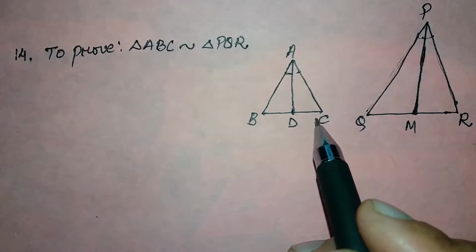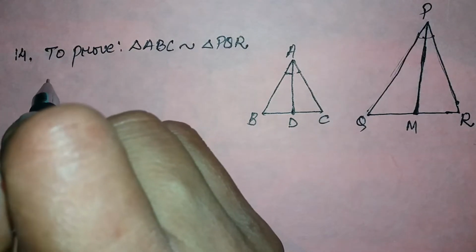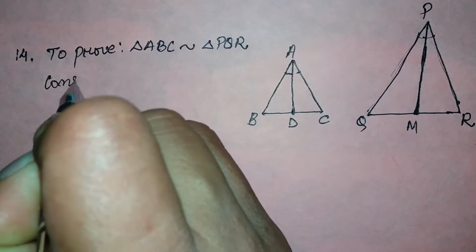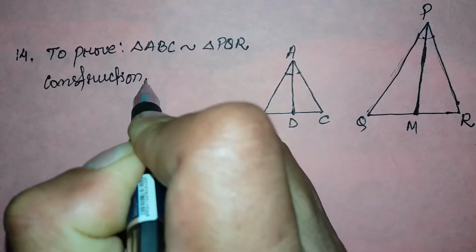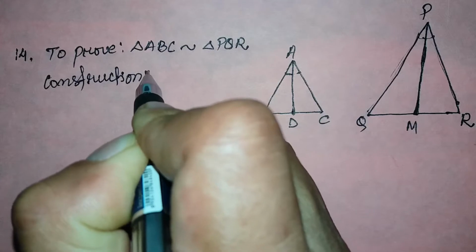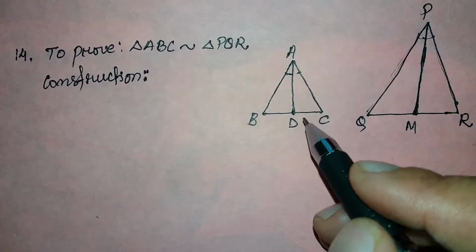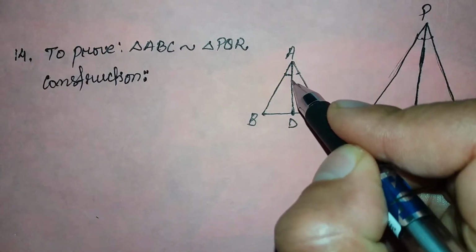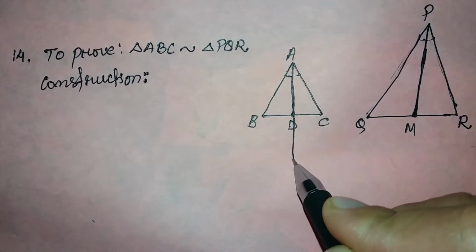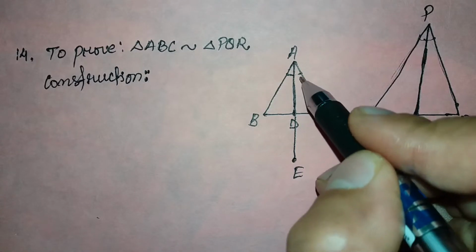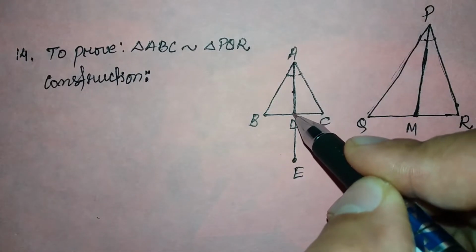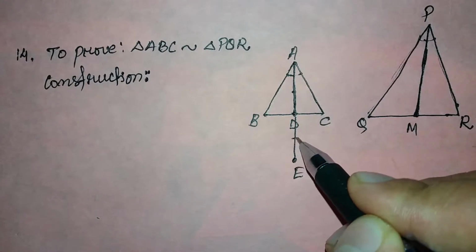So first to do that we need a construction here. So let's write here construction. Let's produce AD to a point here, let's call it E, such that AD and DE are equal in length.